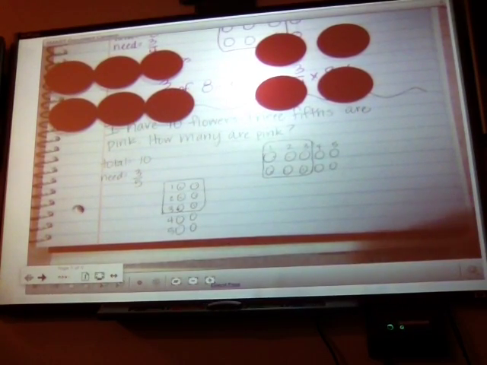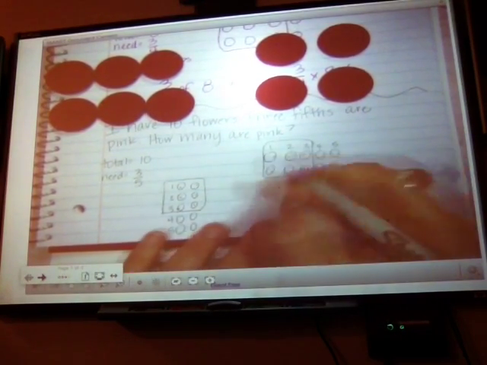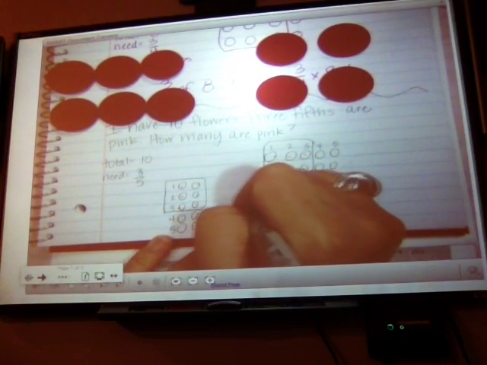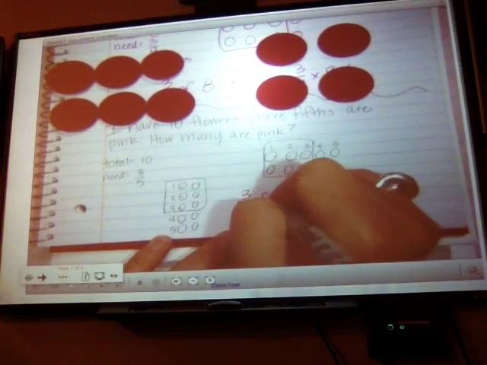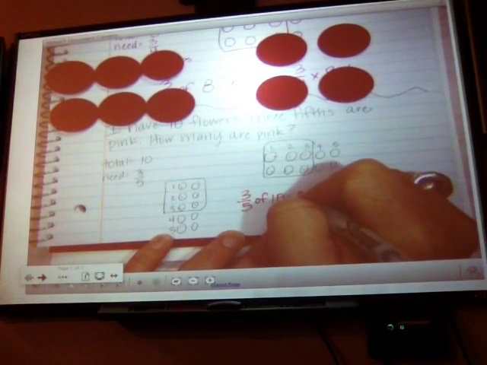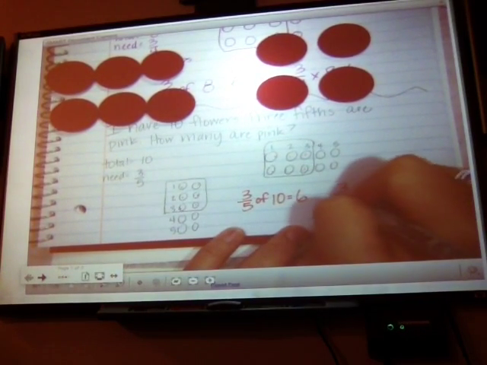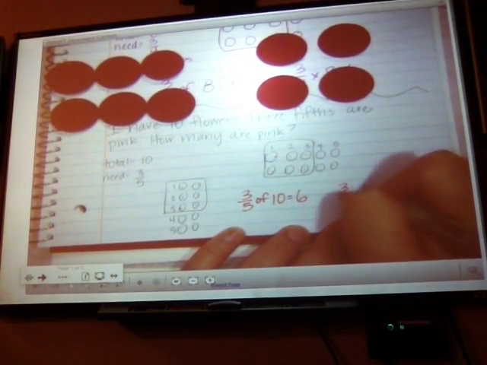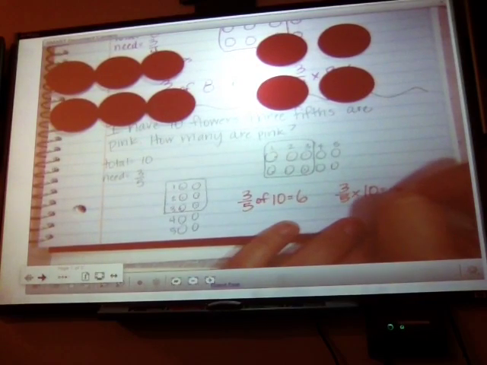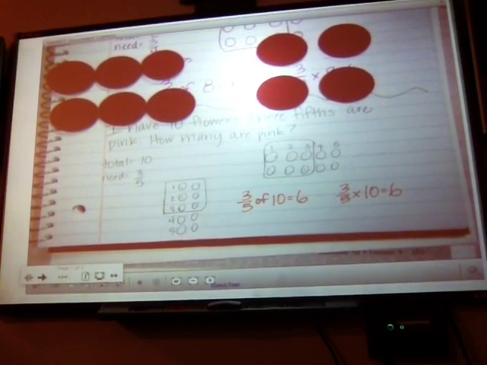No matter how you draw your array, it doesn't matter. So we would say 3/5 of 10 is 6, or 3/5 times 10 is 6.